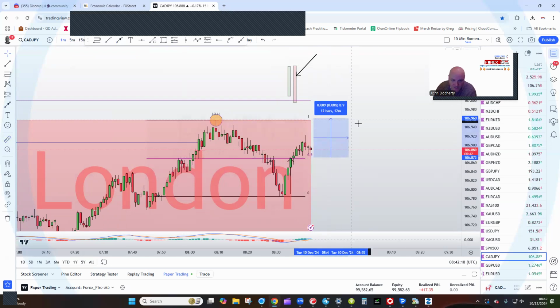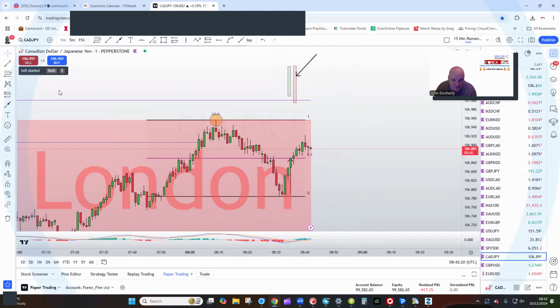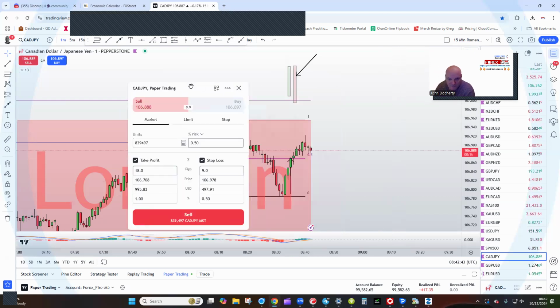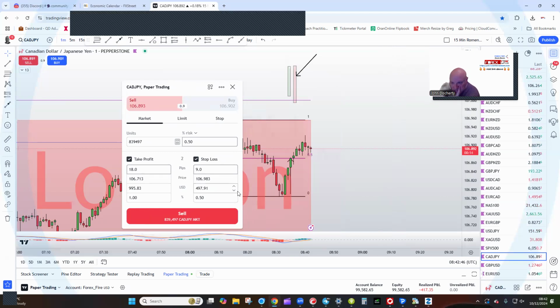Position wise, we've got around about 9 pips. So if I get rid of this and I change this to a 9, maybe put this to an 18. And if I up the risk on this to 0.5%, we just need this to close in the red. Risk 0.5% on this trade.